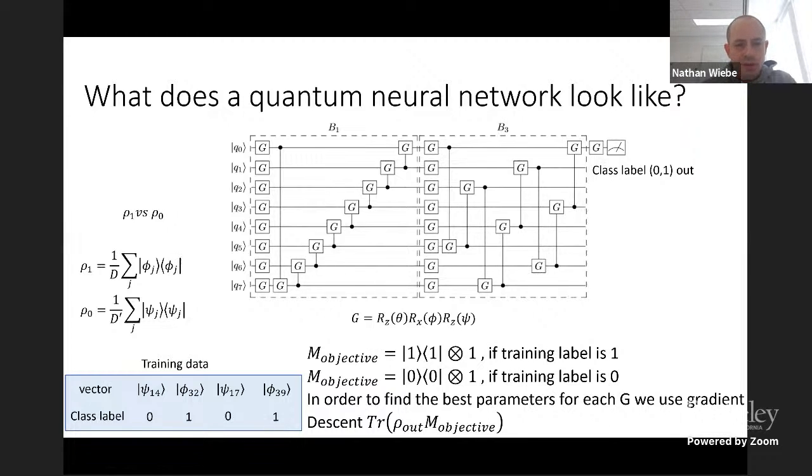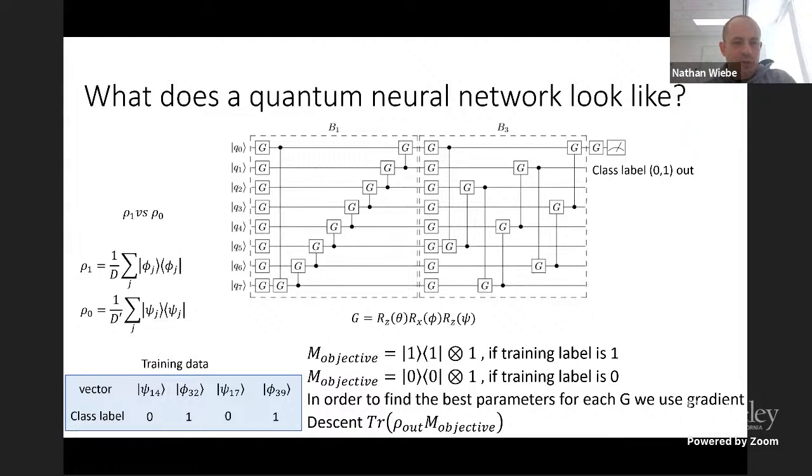And so you can see that there's a fairly large number of parameters that we end up having in this particular quantum circuit. Now, just to give you an example of a classification task that we could try to solve, let's try to determine whether or not our state is from class 1 or class 0.